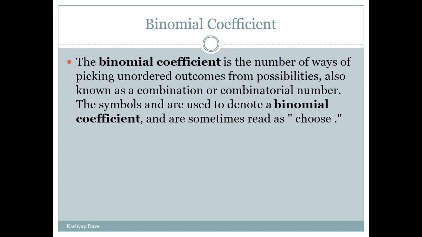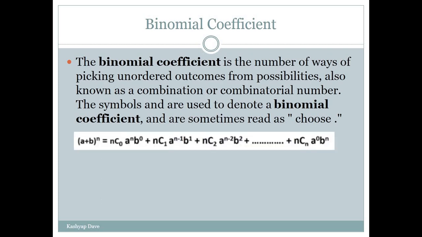The symbols are used to denote a binomial coefficient and are sometimes read as "choose". So I know that you don't understand anything from this definition, so for ease of understanding, I have taken an example here.